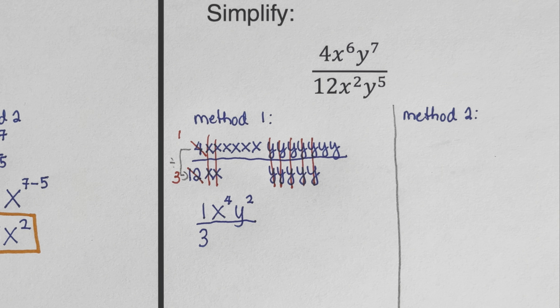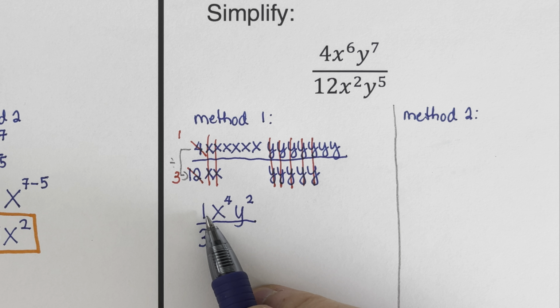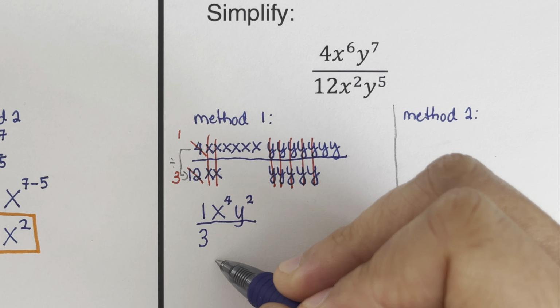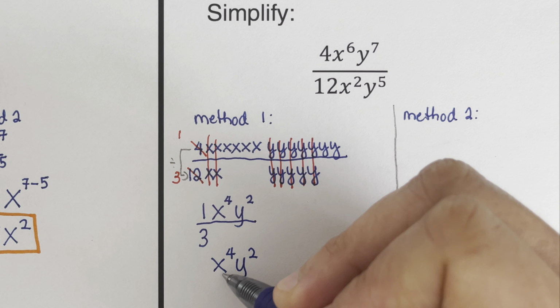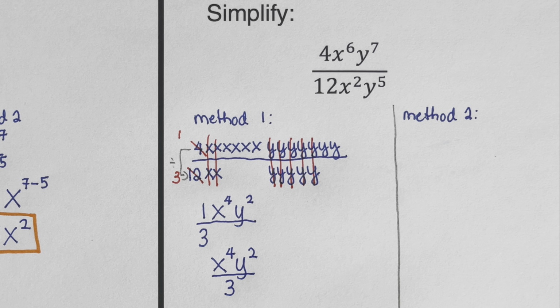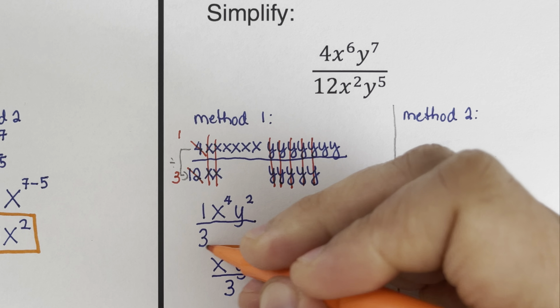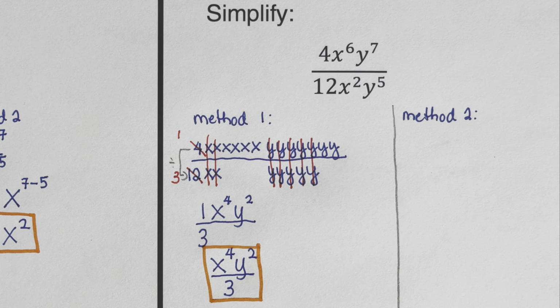So we can go ahead and just write 3 there at the bottom. We can have this 1 become invisible. So the final answer here would be x to the 4th, y to the second power over 3. This is the simplified version of this exponential expression that we have right there using the first method.